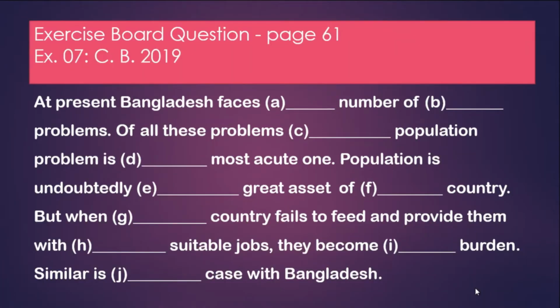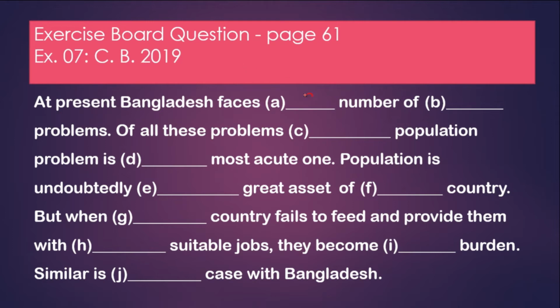Now we will practice some exercises, that is board questions. You will find these exercises on page number 61, and this is exercise number 7. It is Comilla Board 2019. So let's do it. At present, Bangladesh faces a number of problems.